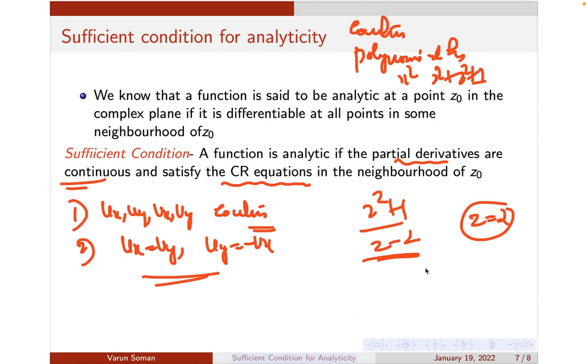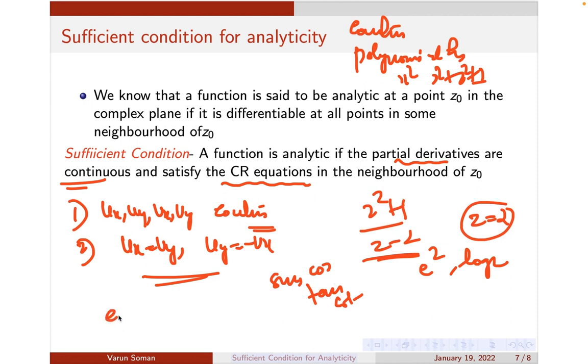Similarly, e raised to z is continuous, log z is continuous wherever defined, and sin z, cos z are continuous everywhere. The trigonometric functions tan z, cot z, sec z, cosec z are all continuous at all points wherever defined. Tan z is not defined at z is equal to pi by 2, so there it is not continuous. These functions are continuous wherever they are defined, and their combinations also will be continuous.